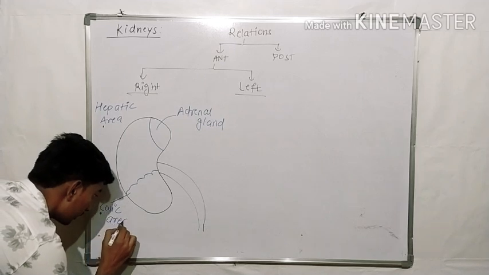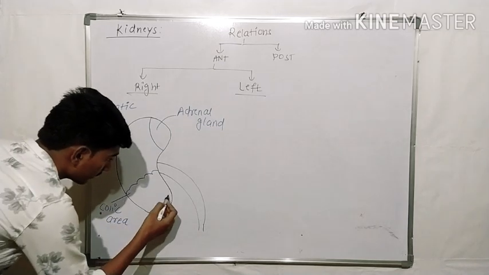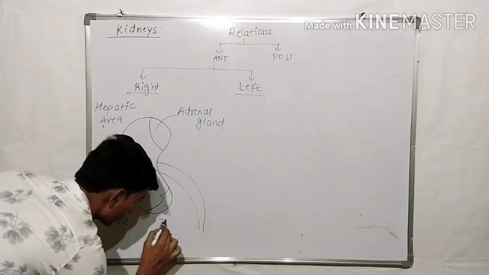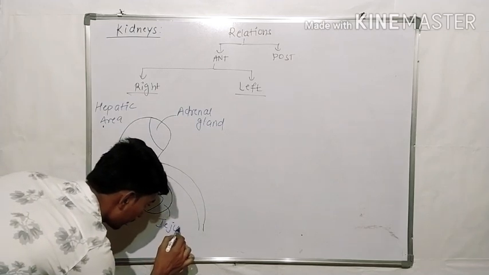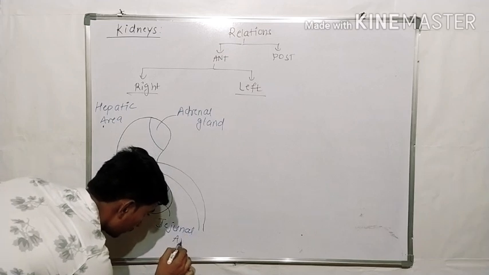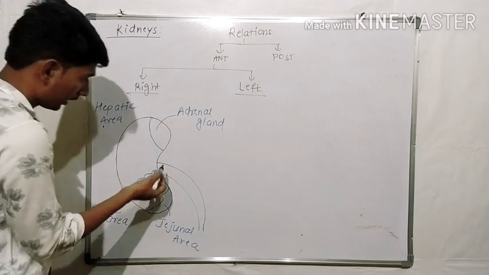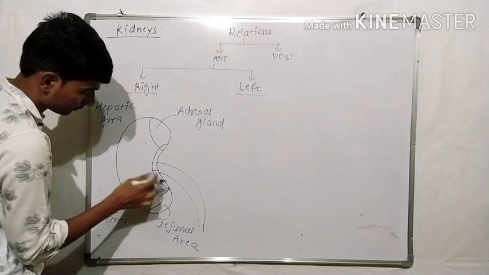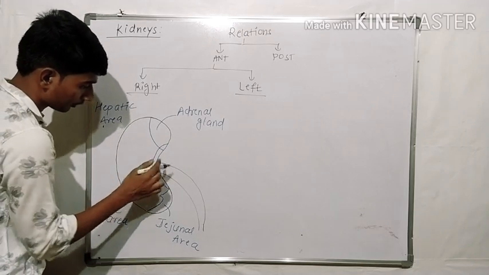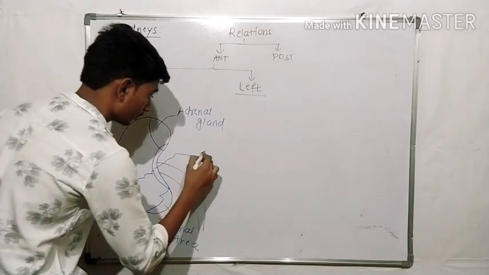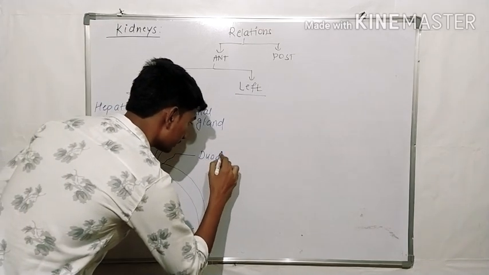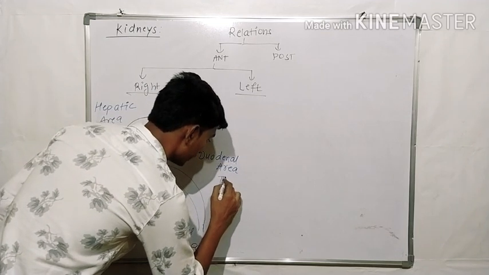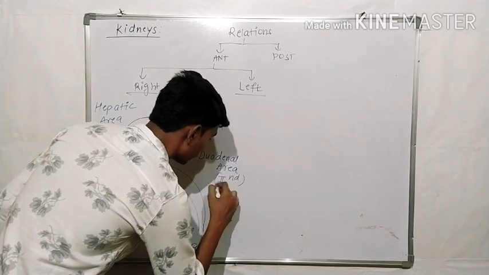colic area or left colic flexure, and this is known as jejunal area, which is related to coils of jejunum, and this one is known as duodenal area, which is related to second part of the duodenum.